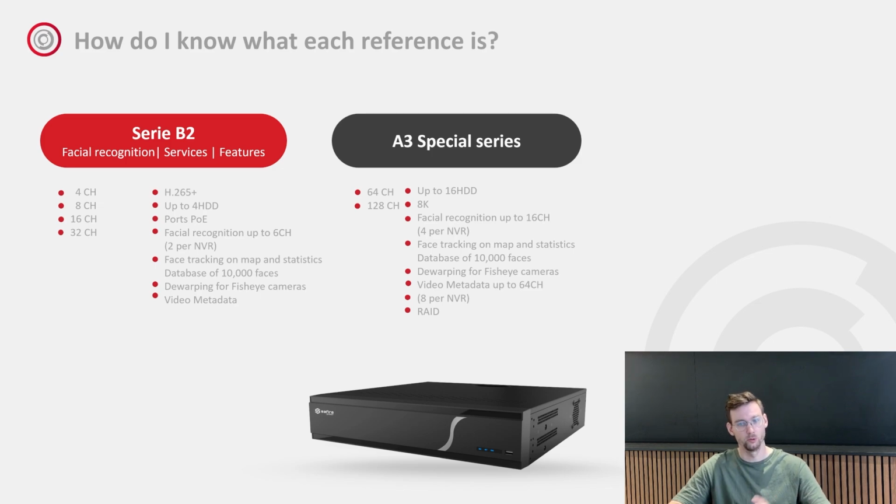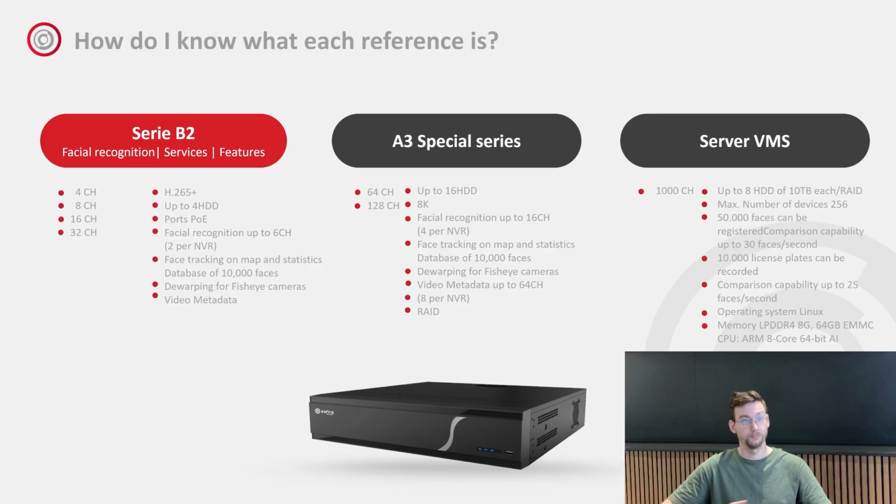Exactly. So those are the two series we have now brought together. And then in addition to that, we have the server, which is based on a Linux operating system, all the way up to 1,000 channels. At the very bottom, you can see the specs of the server itself.